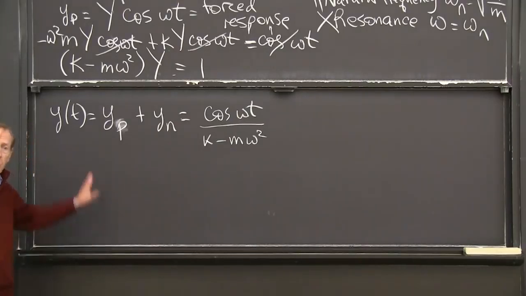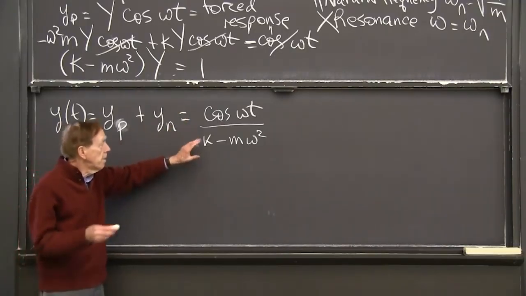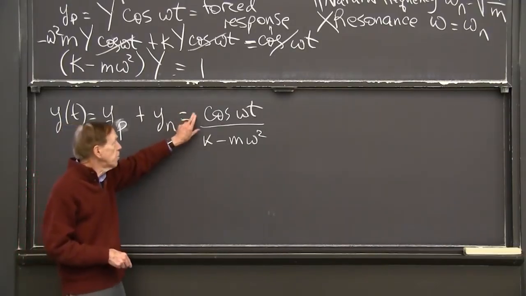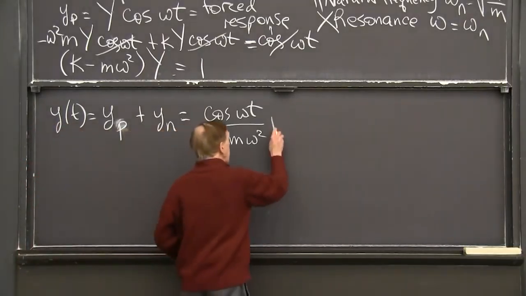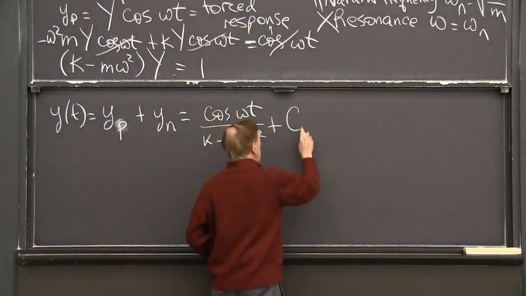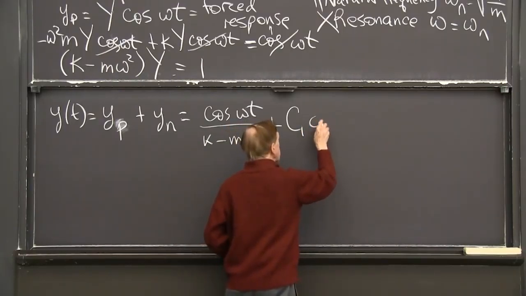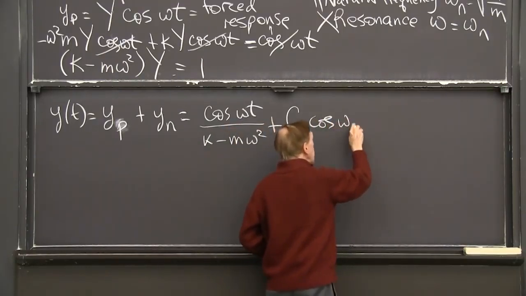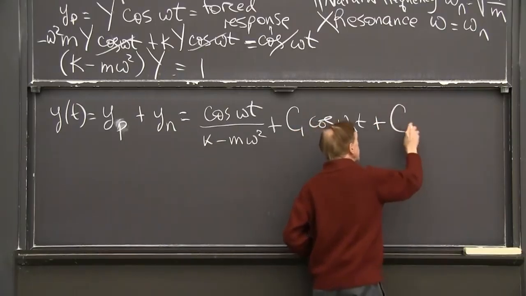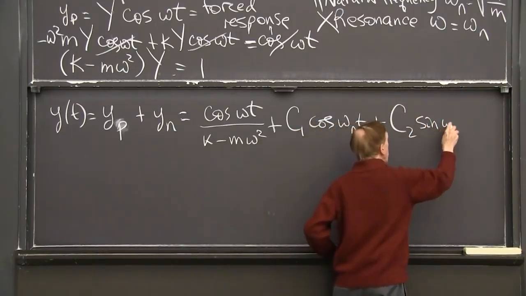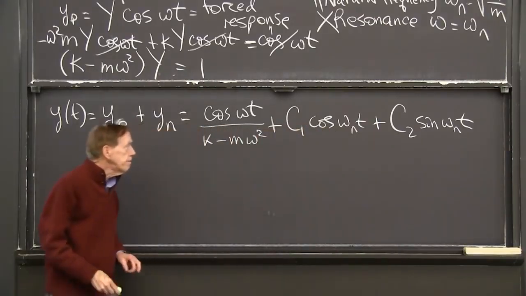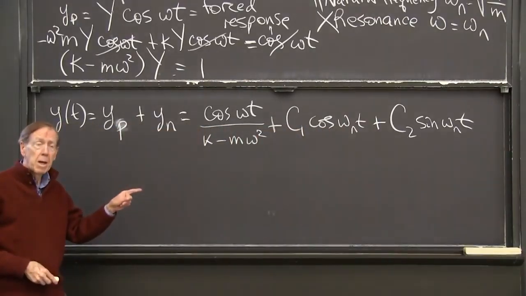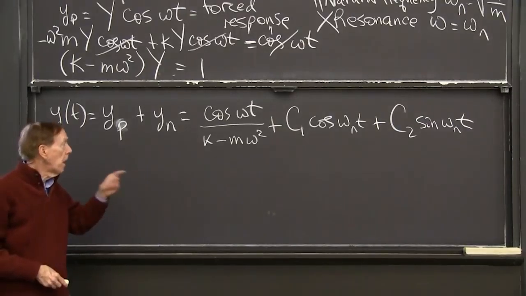That's what we just found, that particular solution. The capital Y, the multiplying constant, was 1 over that constant. Okay, and now comes the C1 cosine of omega n t and the C2 sine of omega n t. Remember, omega n is different from omega.